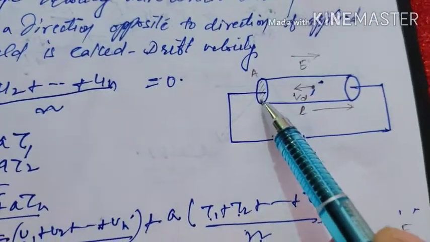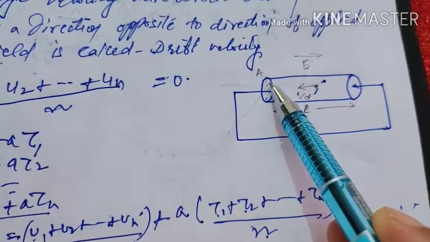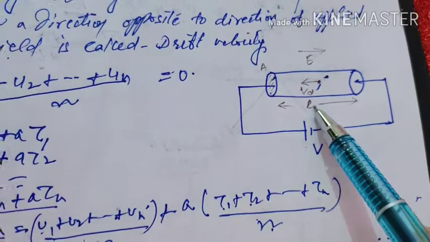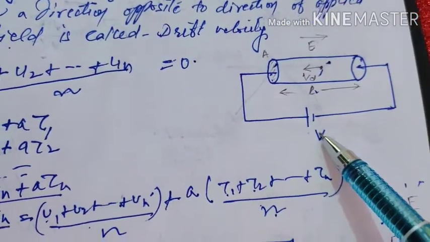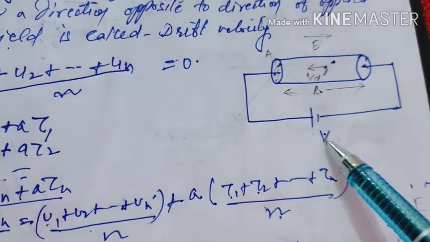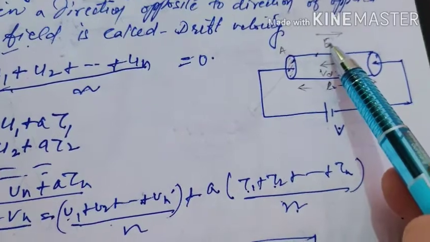This is a conductor having cross sectional area A and length is L. Its two ends are maintained at potential difference V, and because of potential difference an electric field E is set up.